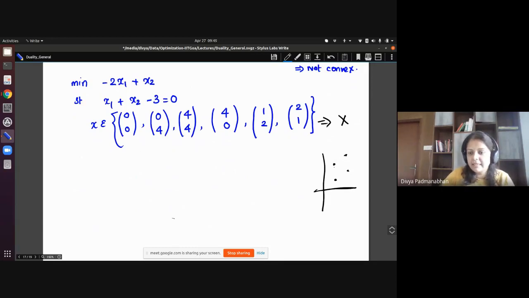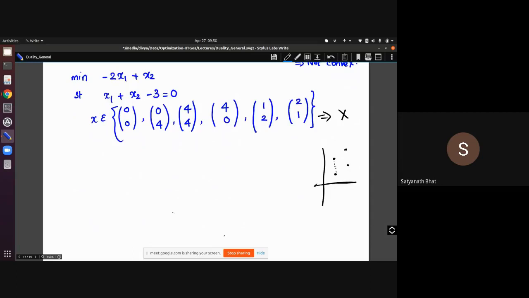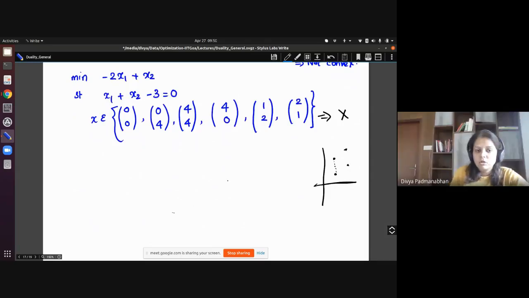Now, if you connect these, none of the points in between are going to lie in the feasible space. Okay, so the feasible space is now no longer a convex set. Okay, so that's why it's not a convex optimization problem. Okay.